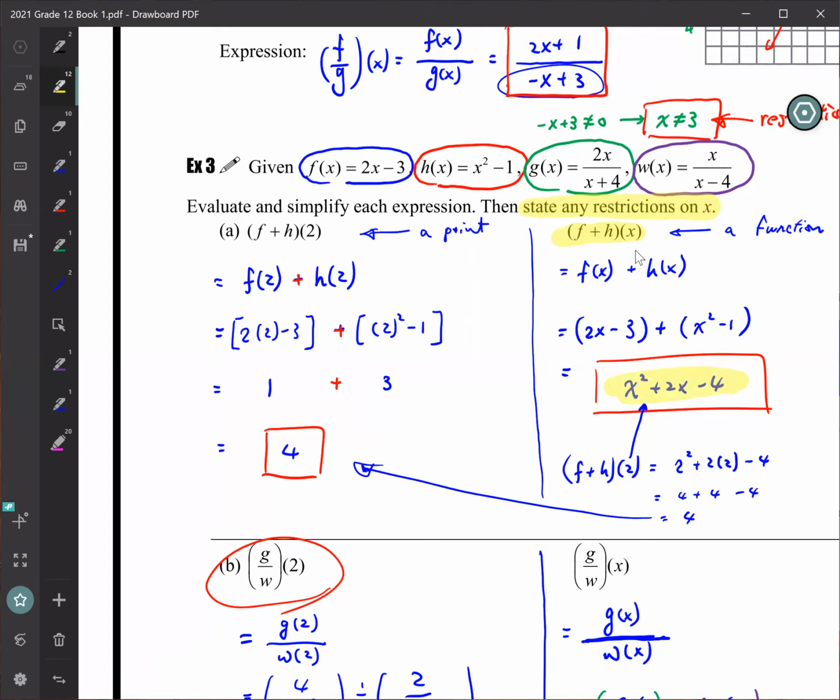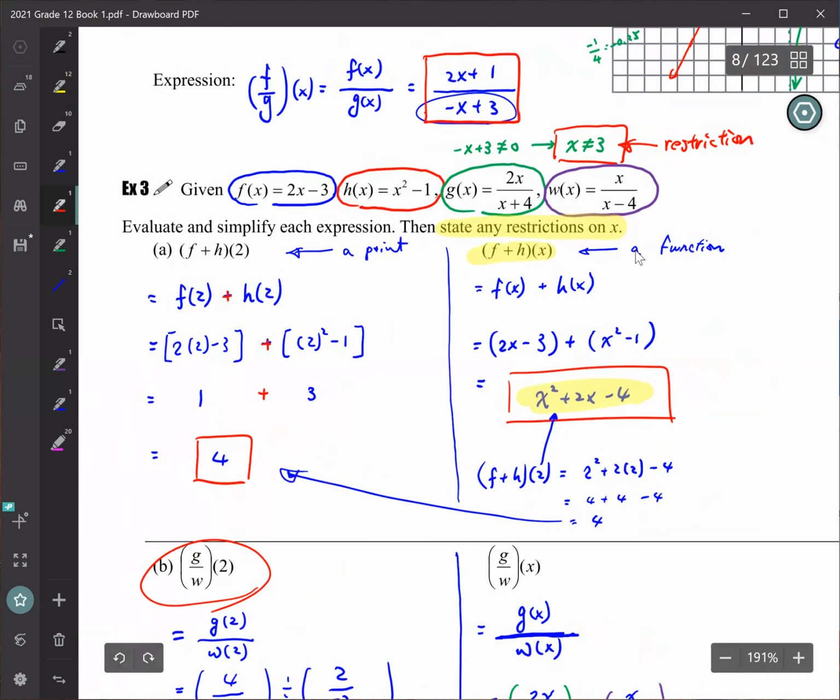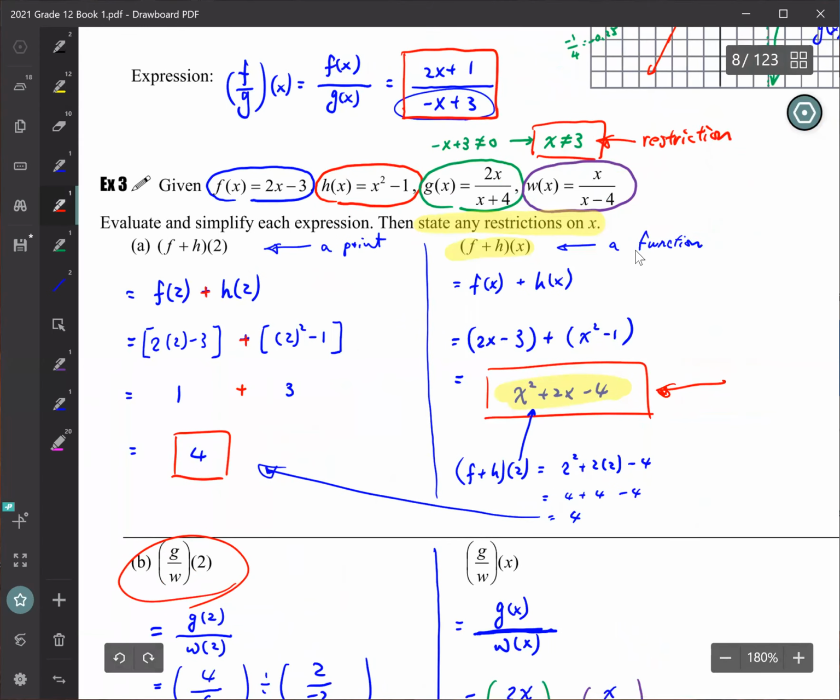So now what we are going to do is go backwards. I give you the result of adding, you add the two functions up. You want to go back and then try to make up your functions.